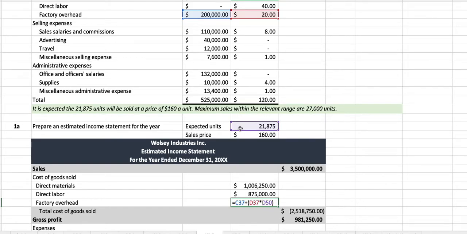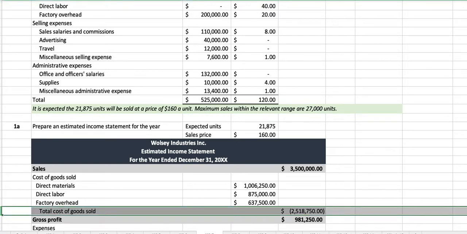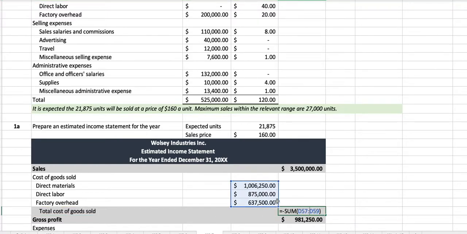So again, I take my expected units that I'm going to sell and the variable cost per unit. And that gives me $637,500.